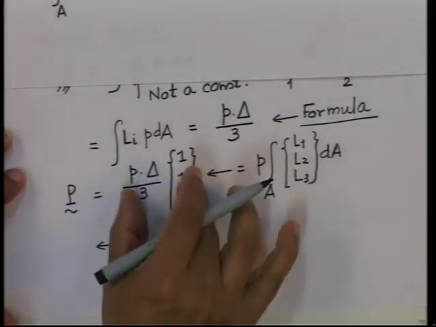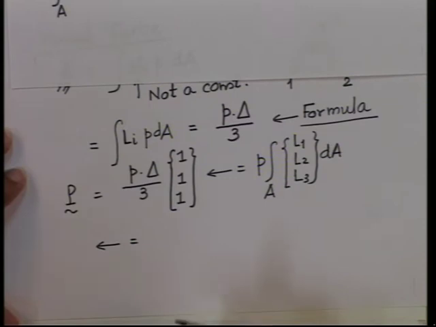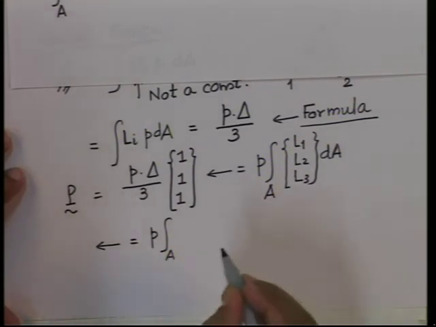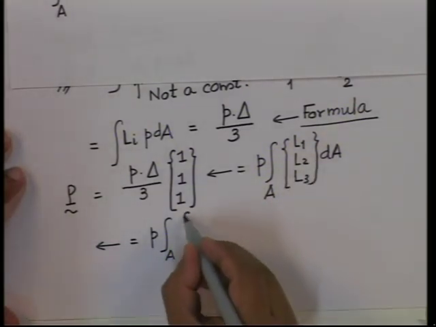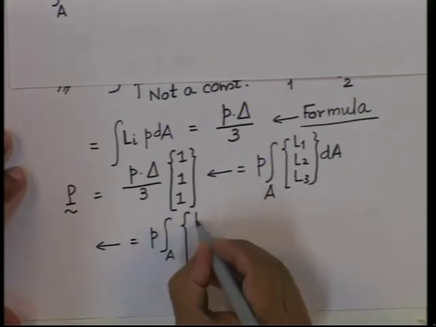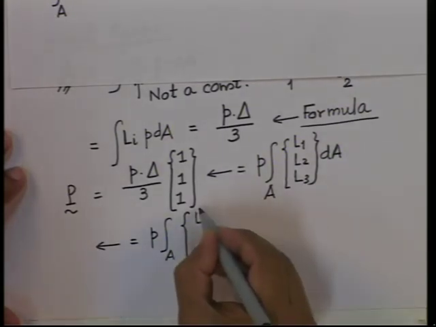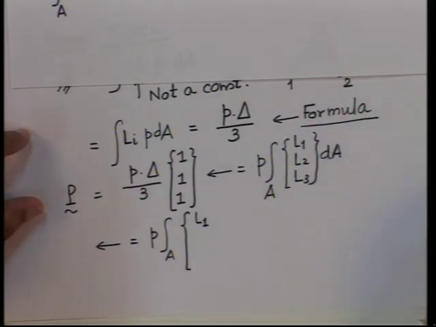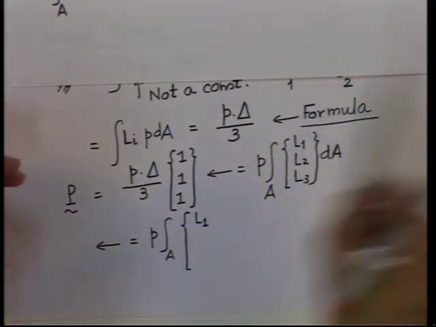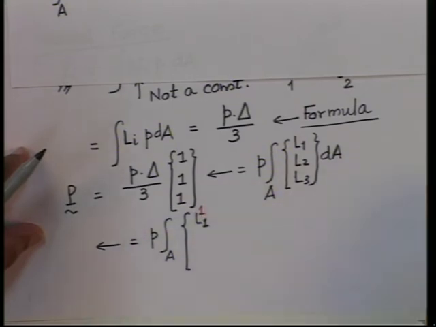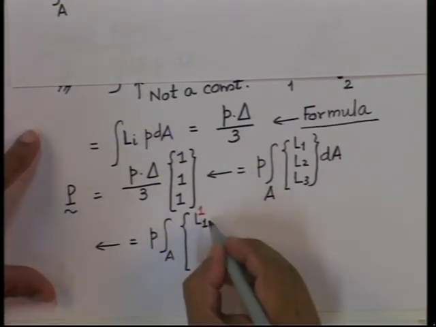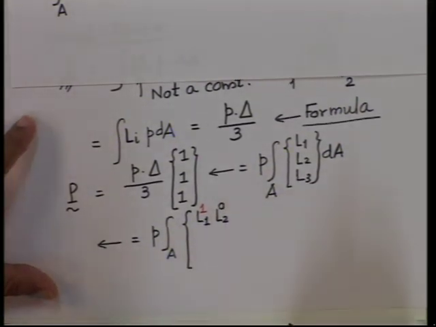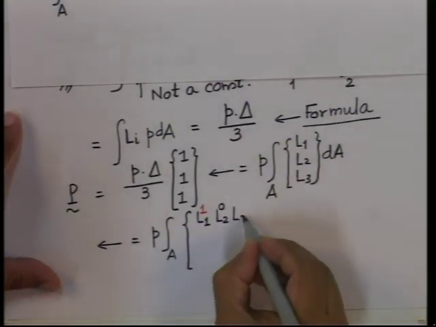That means this should come before this final formula, but this can be written as P integral over area. In order to bring this in this form, I can write L1 to the power 1. Because this formula is for A, B, C as the powers, I will add a fictitious L2 to the power 0, because anything to the power 0 is 1, and L3 to the power 0.